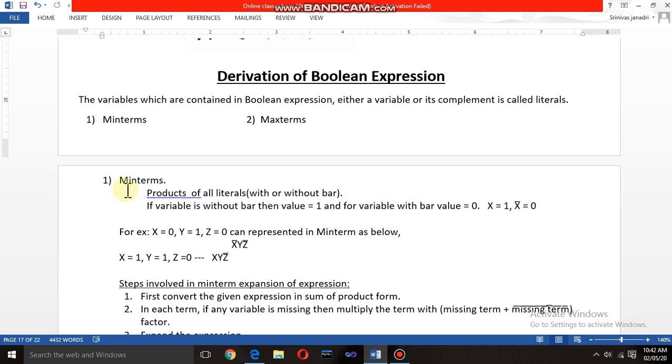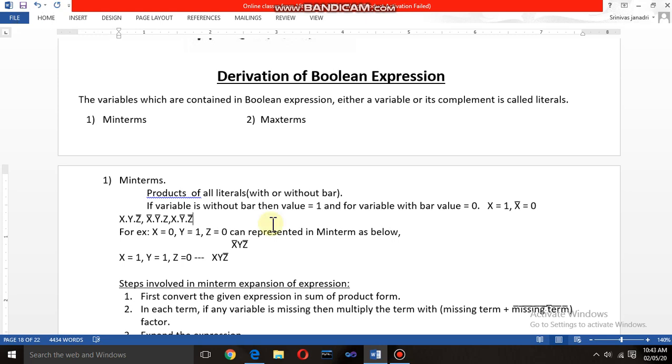For example, if it contains the variables x, y and z, it should look like this: x into y into z complement, or x complement into y complement into z, or x into y complement into z complement, like this.